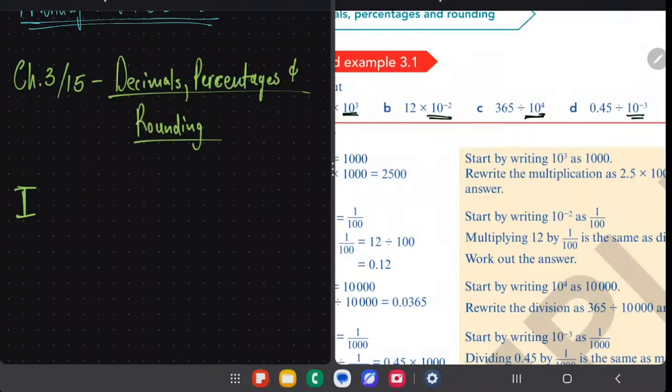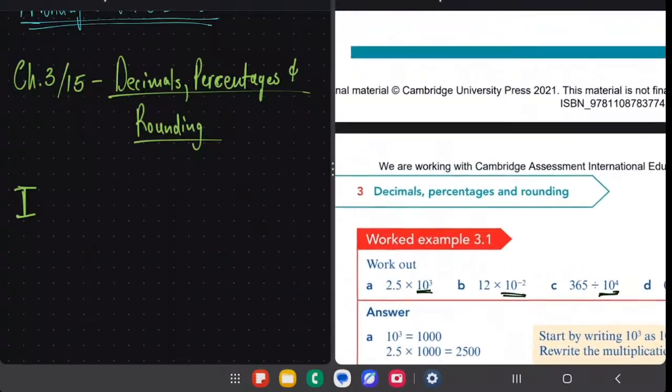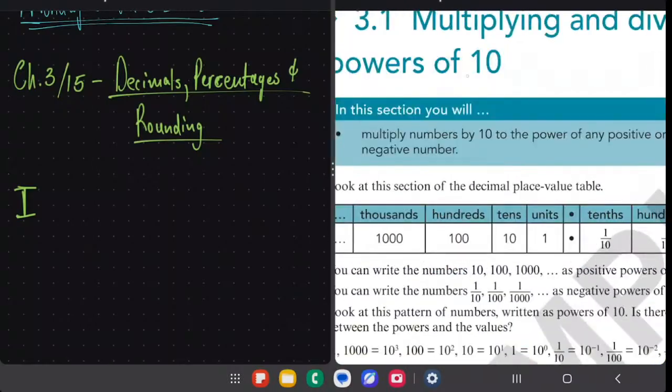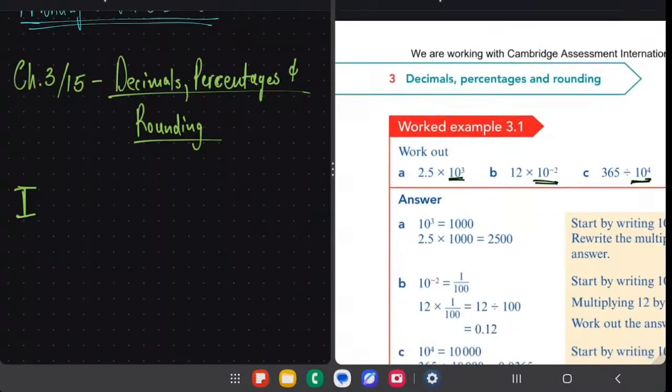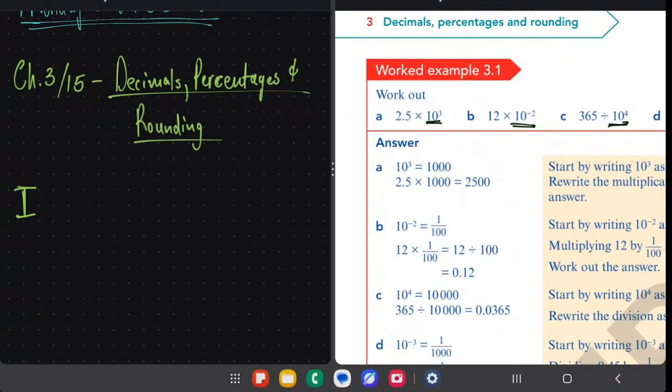It is when you are having 10 with a power. So this is a power of 10. We want to see what do we get when we multiply and we divide by a power of 10. What do you get? So let me help you.